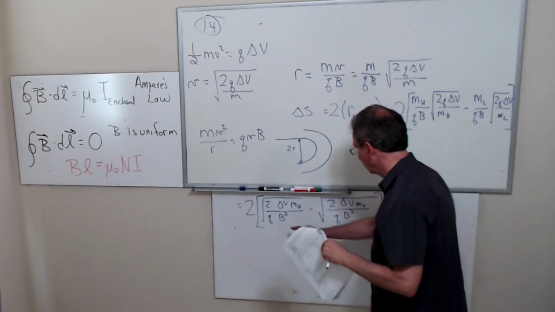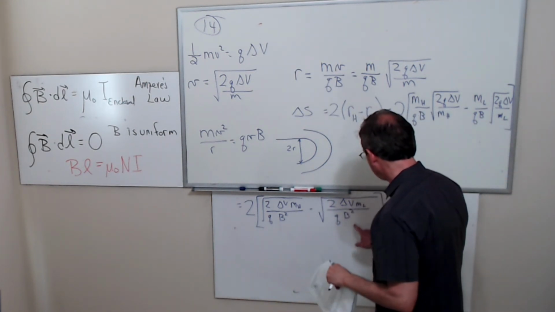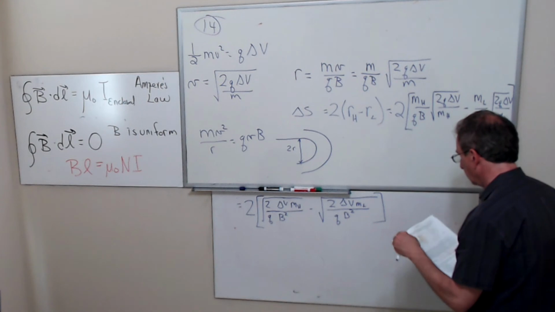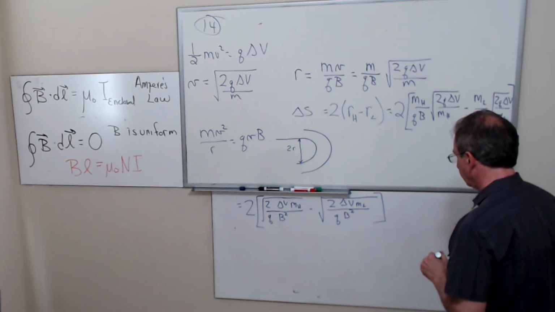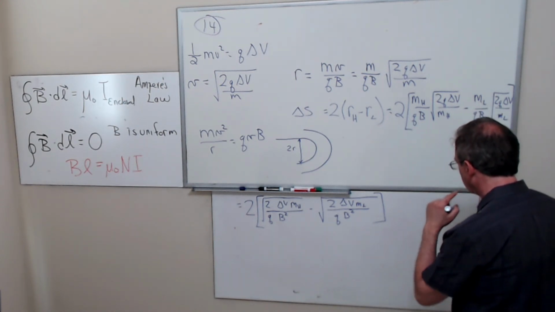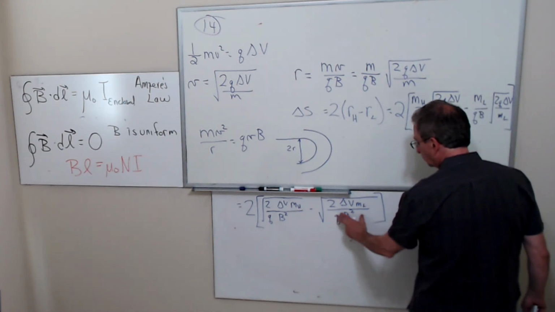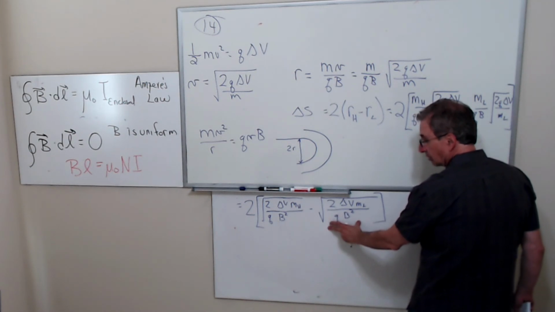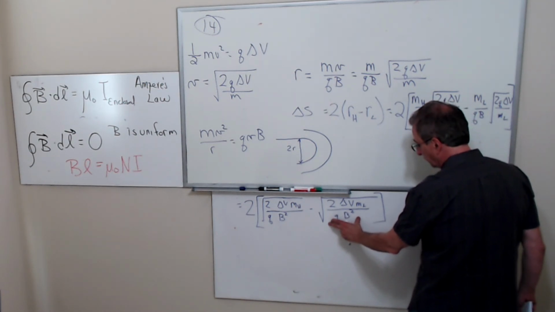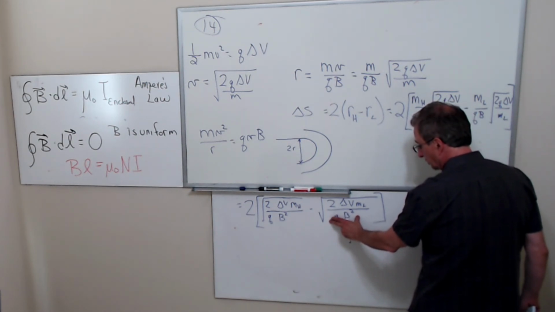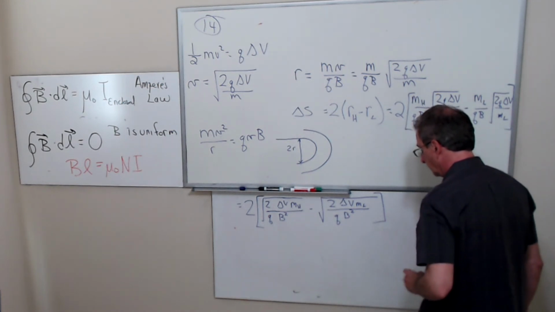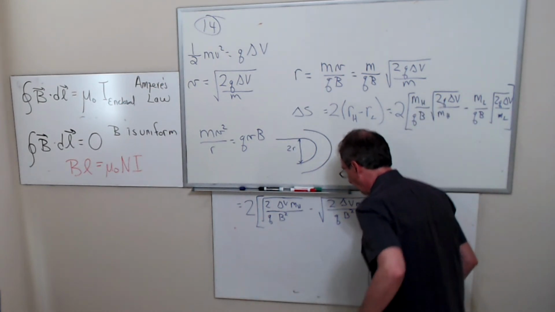Okay, so this is the R for the heavier one, and this is R for the lighter one. What I'm going to do is factor this whole term out. So I'll get the following.